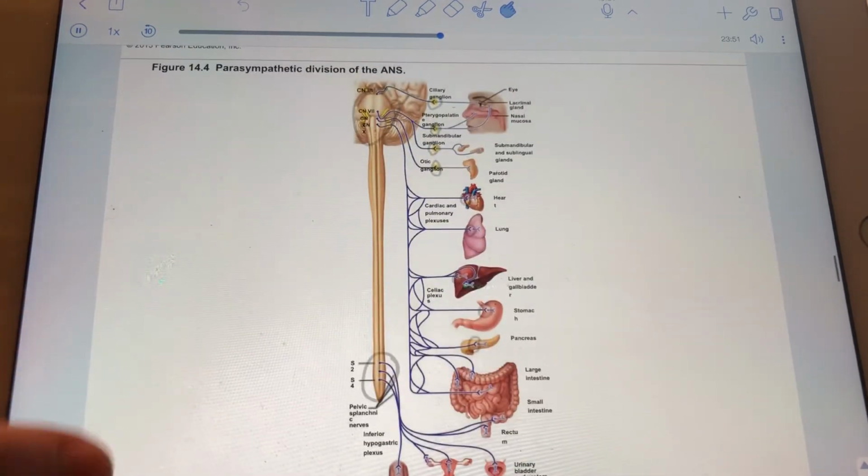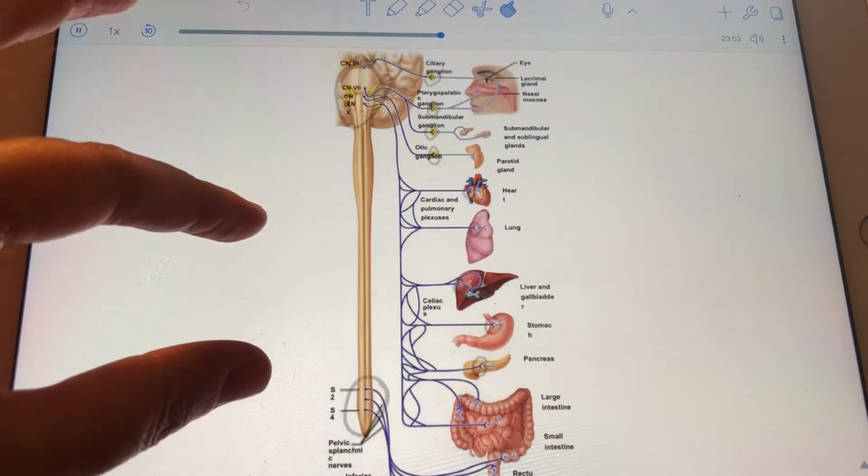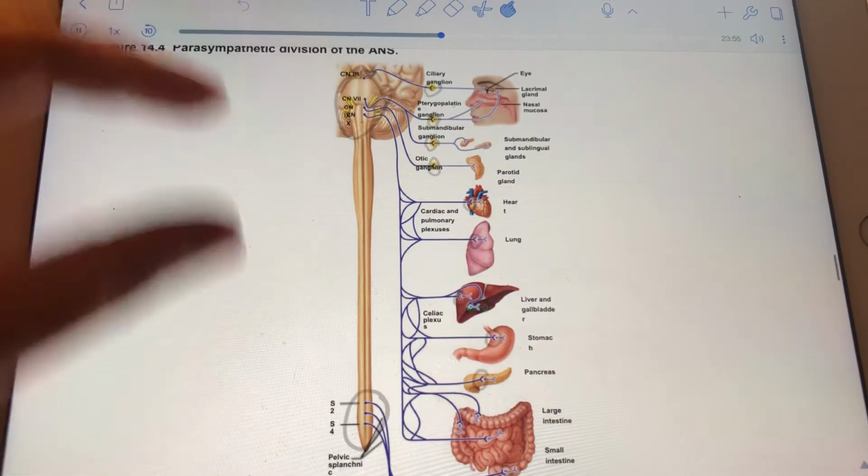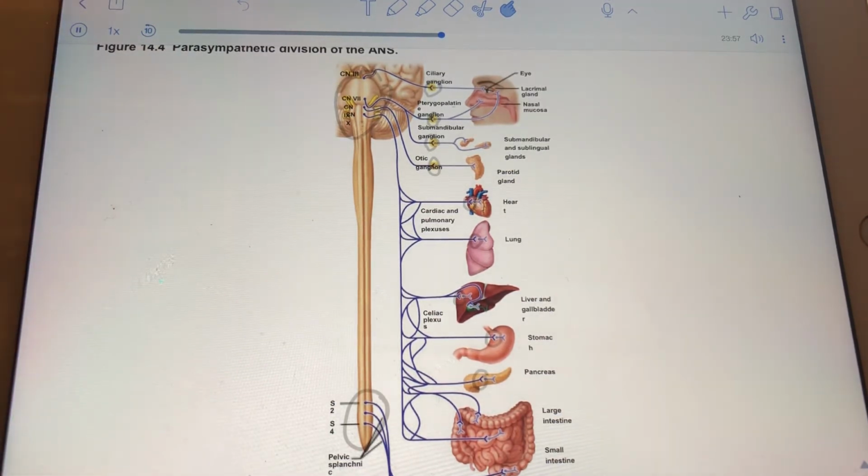Slide number 18, another overwhelming image, but it's just driving home for us that the preganglionic neuron originates either in the brainstem or sacrum. It synapses with a postganglionic neuron in, of course, a ganglion.